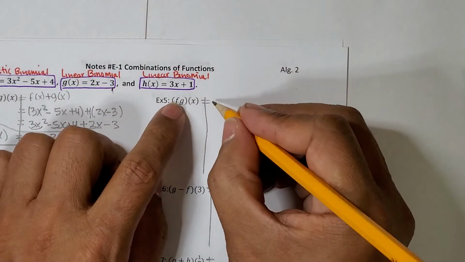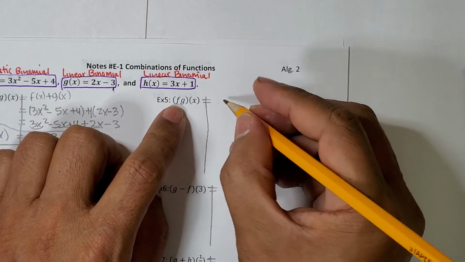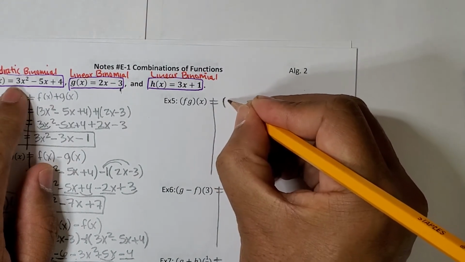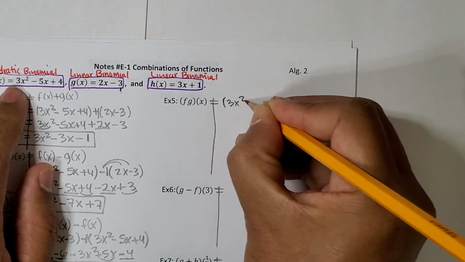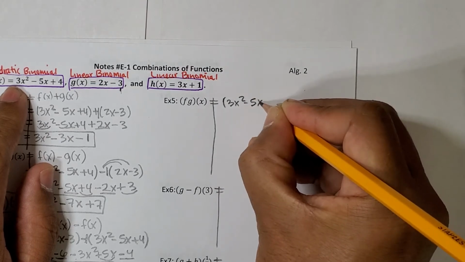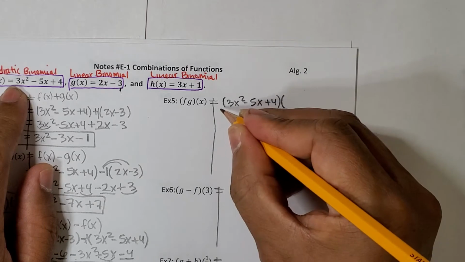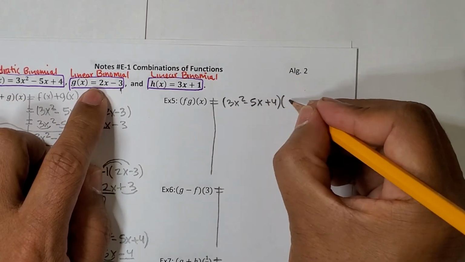On this one here, again, I have the product of f and g. So f is a quadratic trinomial. So that's 3x squared minus 5x plus 4, and then g of x is 2x minus 3.